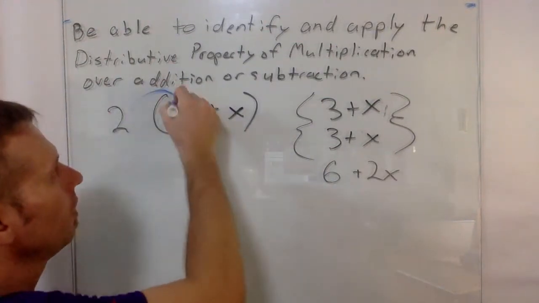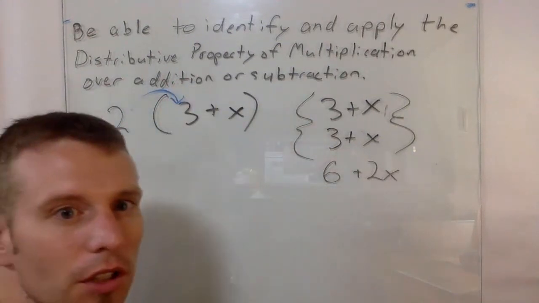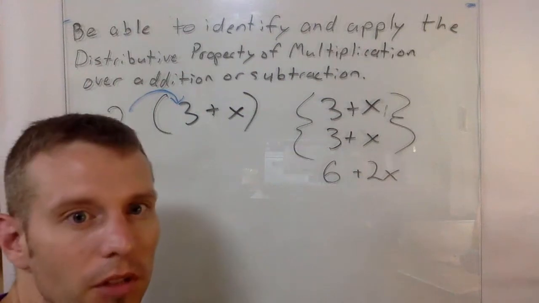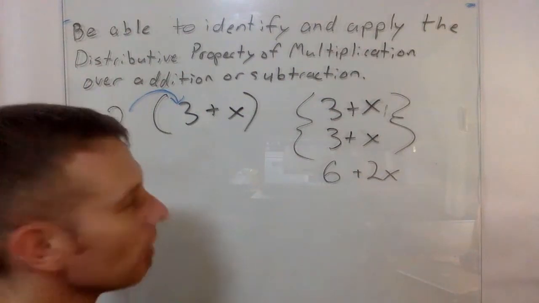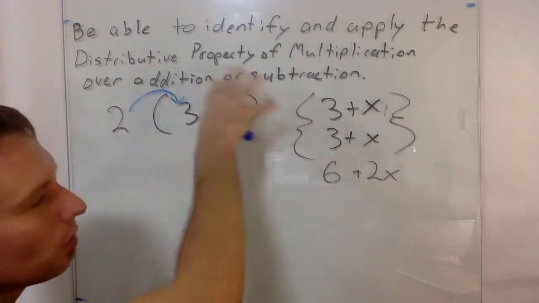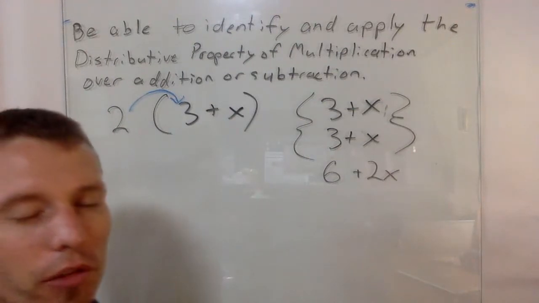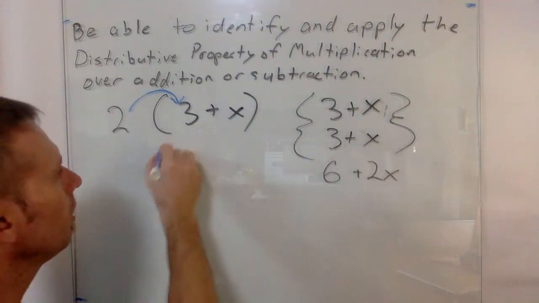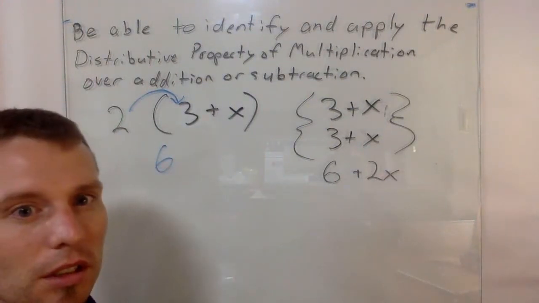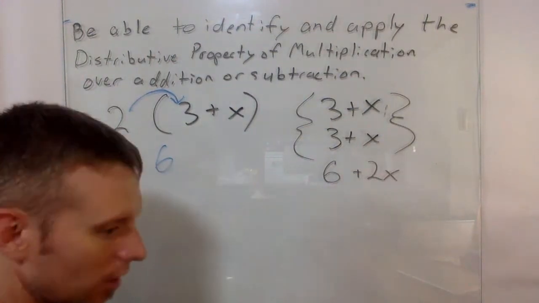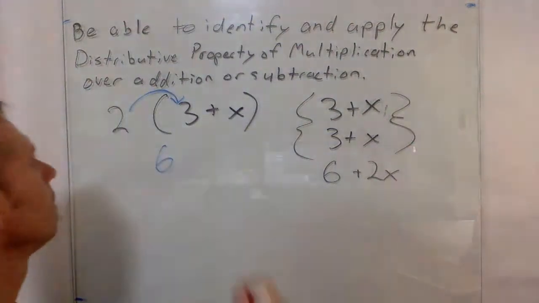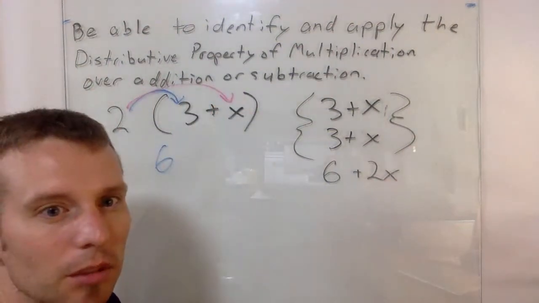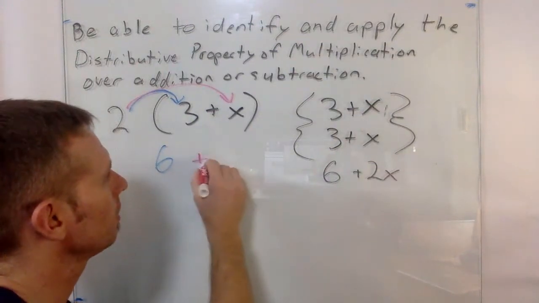We're going to distribute that 2 into the first term of 3. So we can do 2 times 3 and get 6. And then secondly, 2 times x.